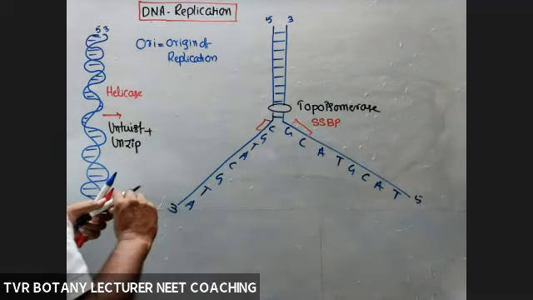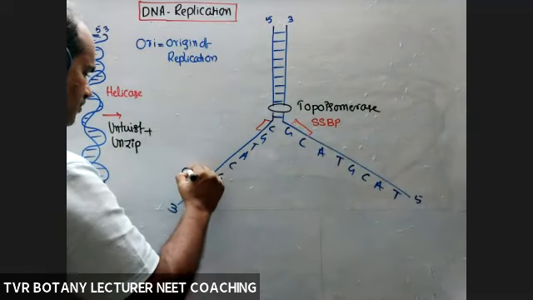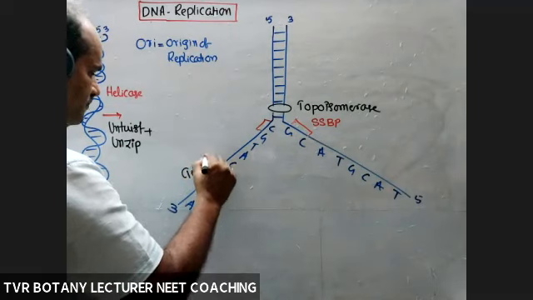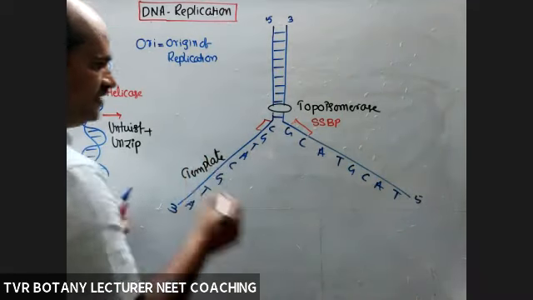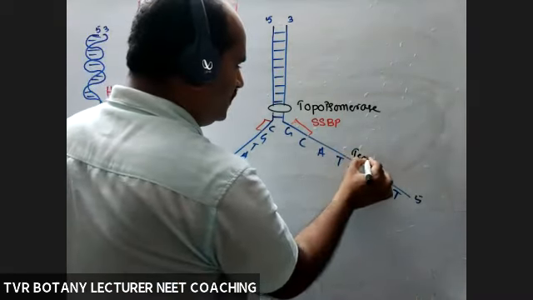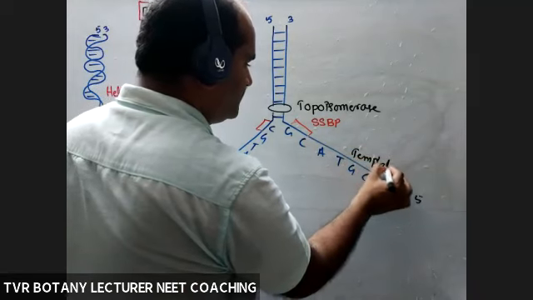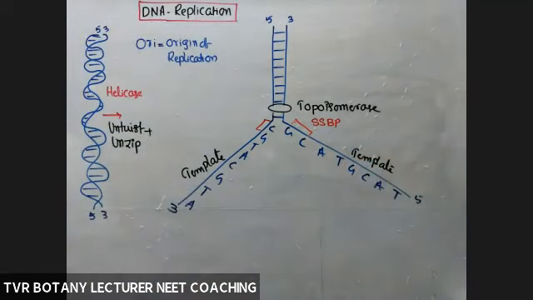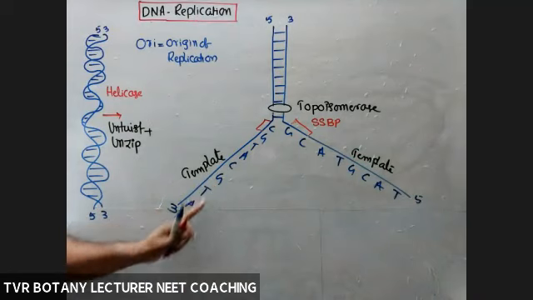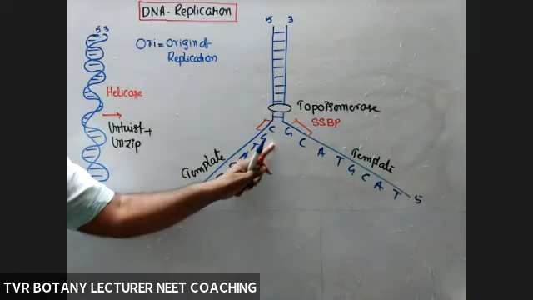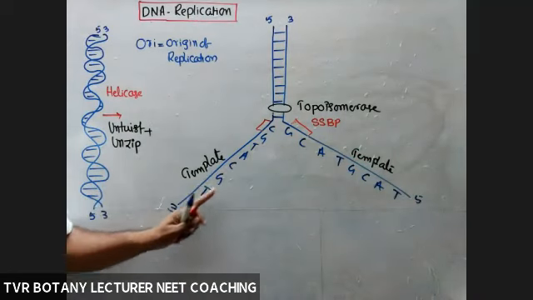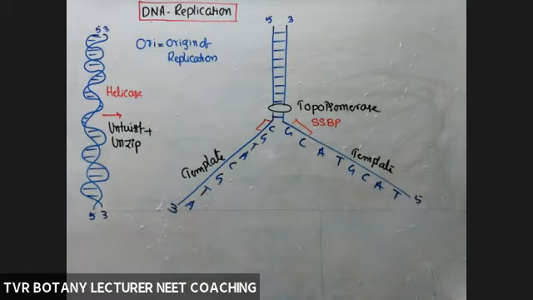So this is a template. Here both strands are acting as templates. Template means the DNA strand is able to synthesize a new strand opposite to it with the help of complementary nucleotides.